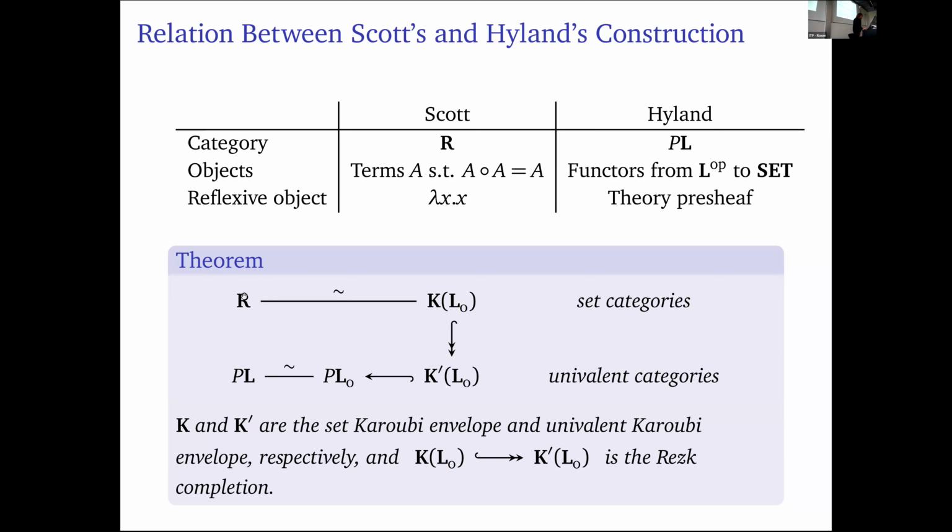So what we have constructed is an embedding of Scott's category via the Rezk completion into Hyland's category. And if you follow the reflexive object that Scott produced in R along these functors, you end up with the reflexive object that Hyland produced.